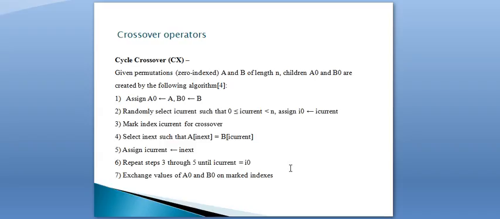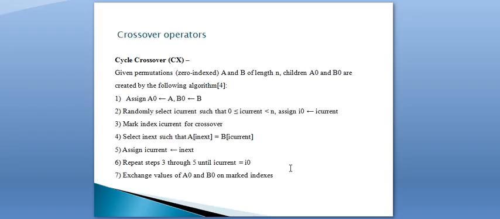There is a very rare possibility that both indexes are the same. If they are not the same, we move I current to the index of I next in B, so that both I current and I next are at the same position, and we perform this operation until I current is again equal to I 0. I 0 is the initial value that I current had attained in the earlier phase.